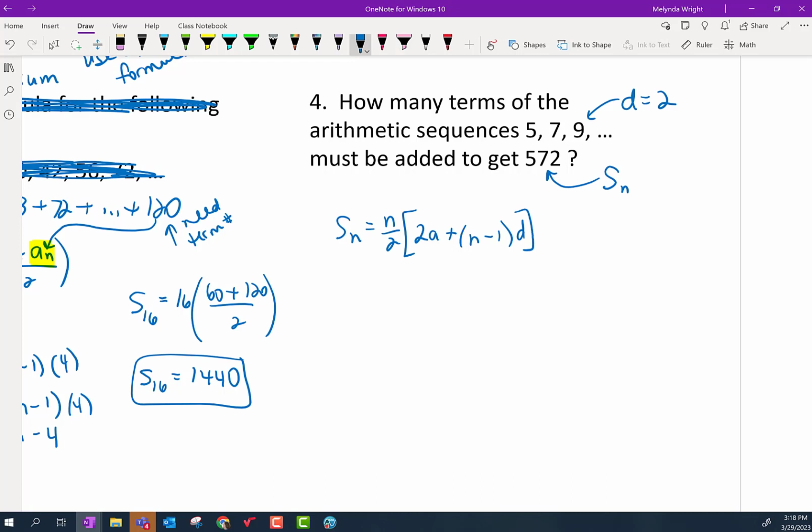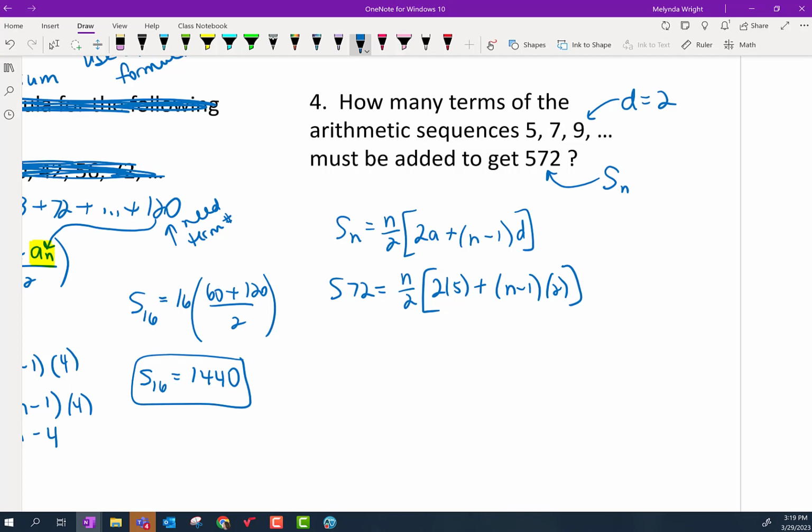That's the formula. Okay, so let's see what we have so far. We know the sum is 572. We don't know the n, so let's leave that alone. We know the first term is 5, so that's 2 times 5. Again, we don't know the n, but we do know the common difference is 2. That looks pretty good. If we can work through this, we can solve for n. That'll be what we need.